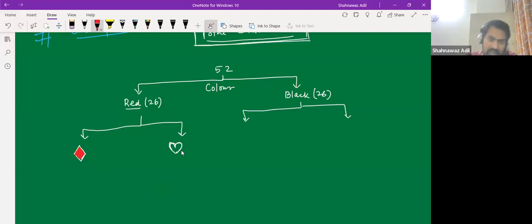Like pink, but assume that this is red. And then we have two blacks. So this is diamond, right? And this is hearts. Okay. And then black is divided in clubs.